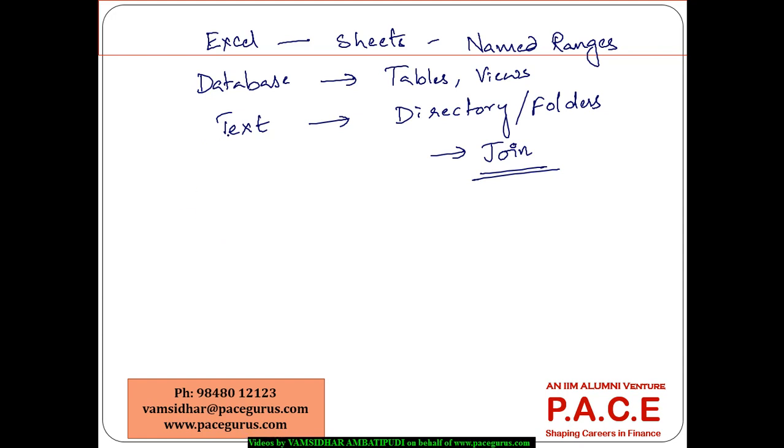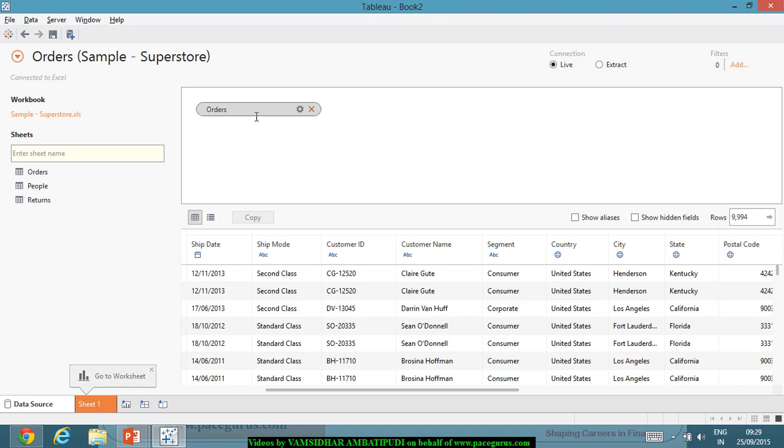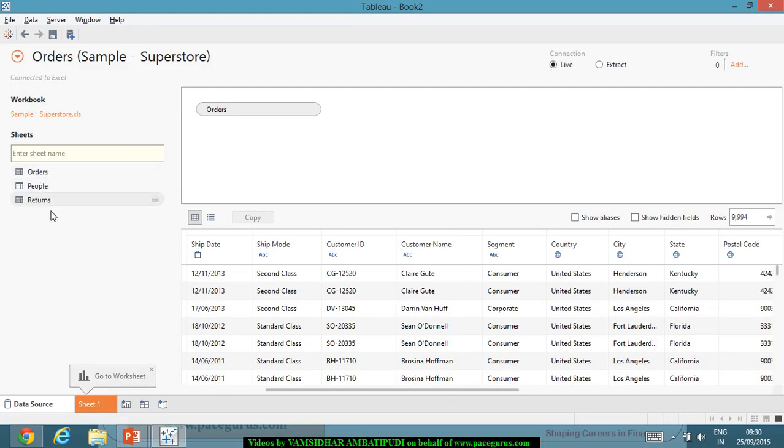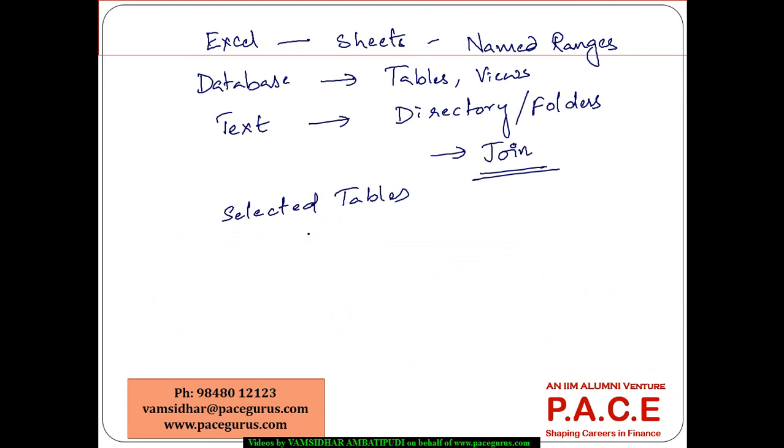Then comes the other important section, which is this section. This section is called the selected tables. Out of the total tables that are there, which are the selected tables? This is primarily meant for adding the different kinds of tables to the data and trying to join them by some kind of relationships.